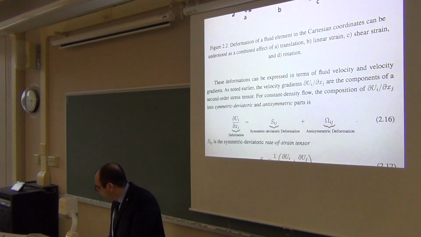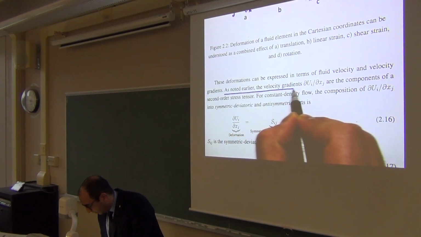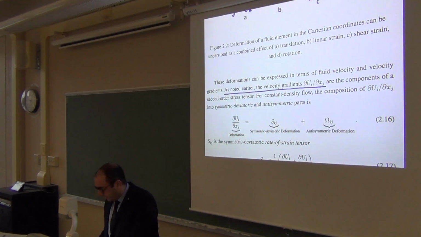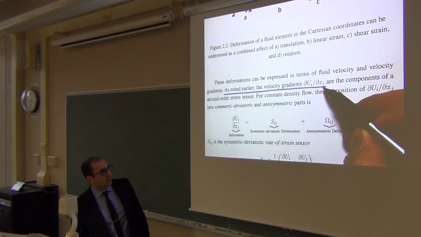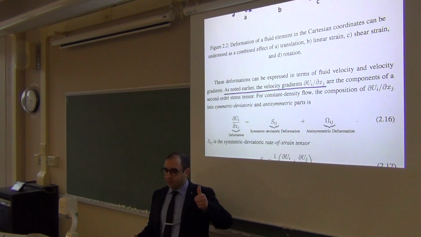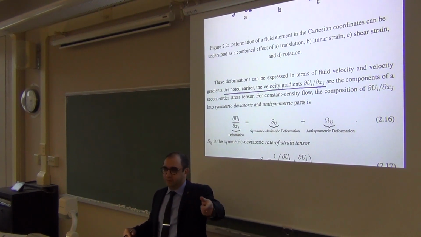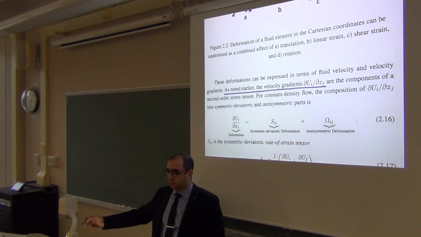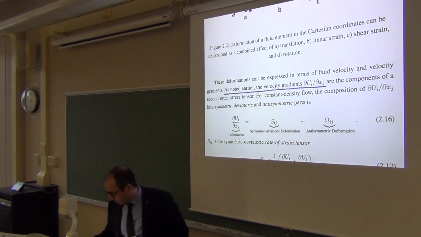So let's sort of underline a few keywords here. The velocity gradient, and when I say gradient of velocity component i with respect to space component j, I mean, I could be talking about anything. I could be talking about partial of u over partial of x, or partial of u over partial of y, partial of v over partial of z. These components could be anything.